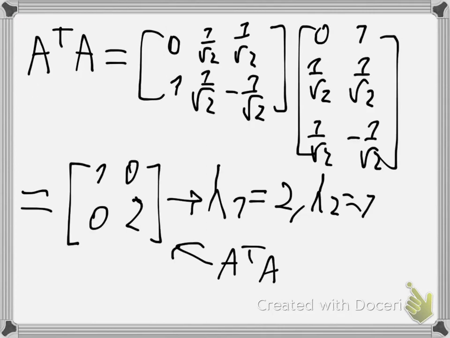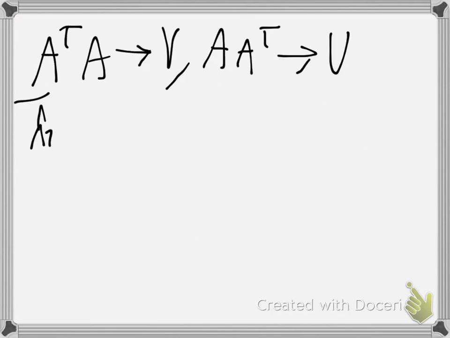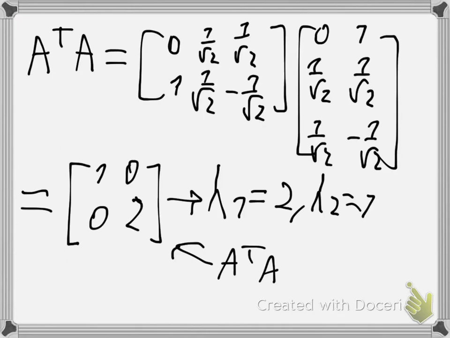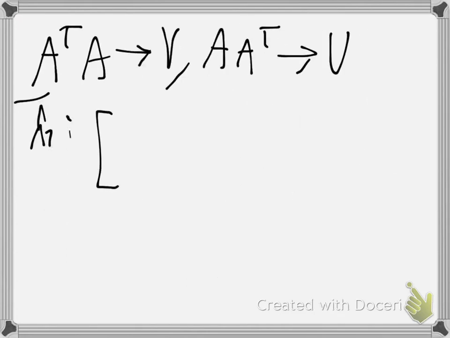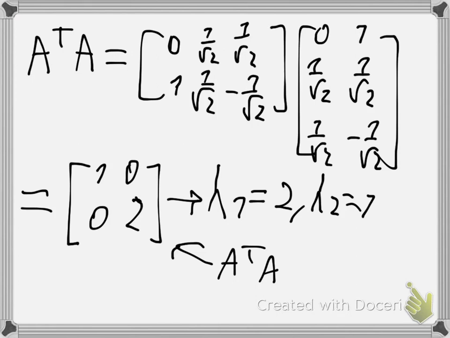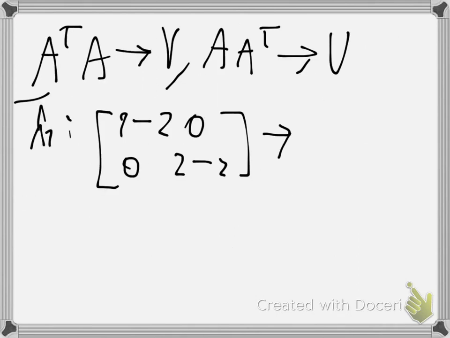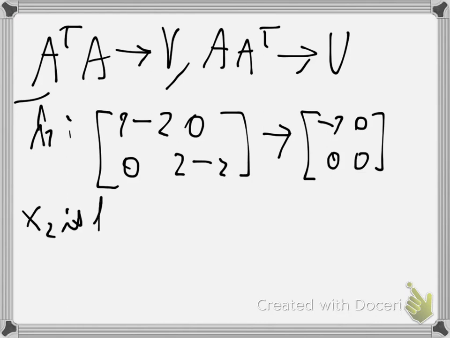So for lambda 1, which is 2, if I find the eigenvectors, I should get that, and so I should get 0, and so x2 is free, so it can be anything, and x1 is equal to 0.